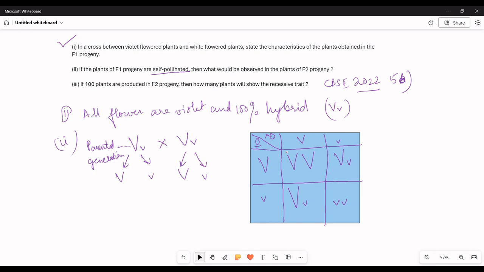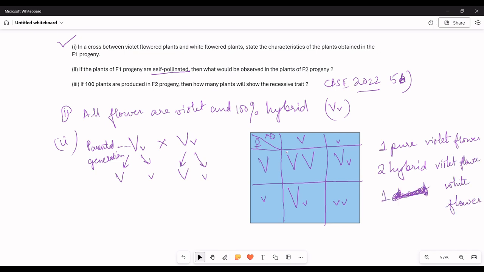Now this is the monohybrid cross, remember? Then we will write that there is one pure violet flower, two hybrid violet flowers, and then we will write white flower.